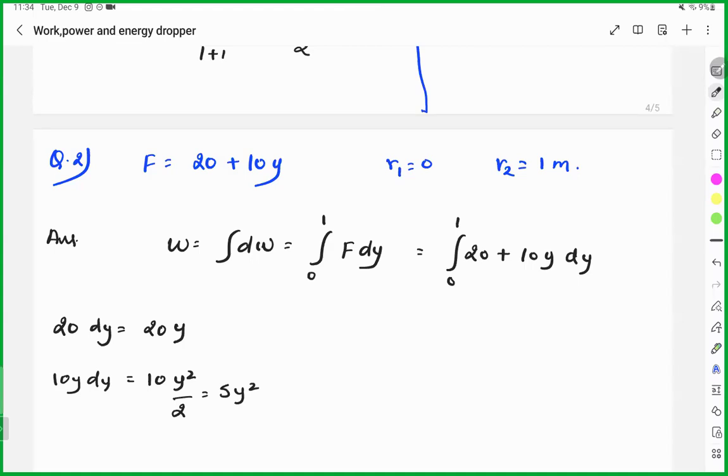If you don't have any doubt, for 20 it will be 20y, for 10y it will be 5y square, from 0 to 1. If you put one at the place of y, 20 ones are 20. At the place of y square, 5 ones are 5. Tell me, anybody who is not sure how we got the answer, let me know. I'll explain this again.